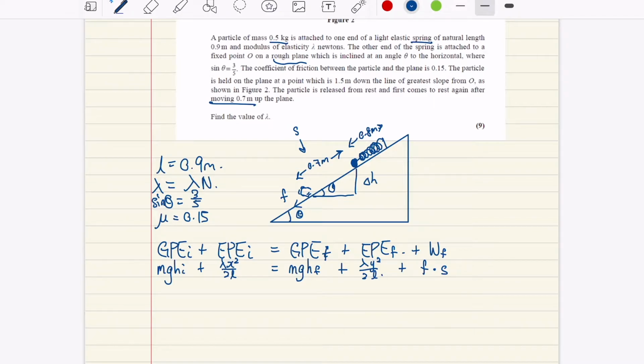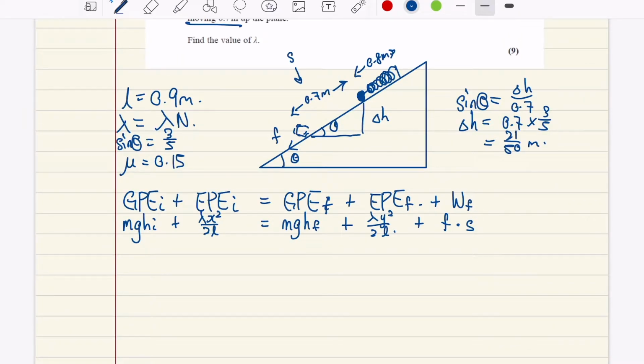So by using sine theta equals difference in height divided by 0.7, the difference in height will be 0.7 times, since sine theta is 3/5, so we can write the value in, it will be equal to 21/50 meter.